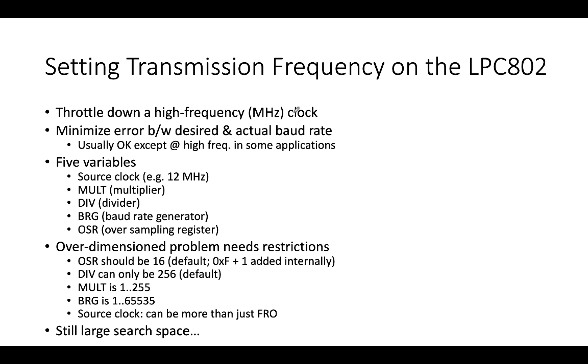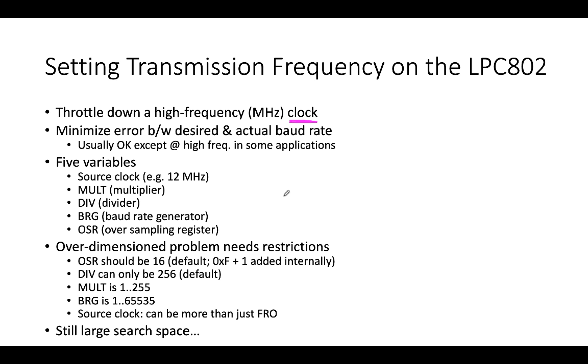When we set all of this up, we need to take into consideration that we have a really fast clock internally in the microcontroller, often 9 megahertz or 15 megahertz or 600 megahertz. And we need to bring that down. We have to throttle it down.